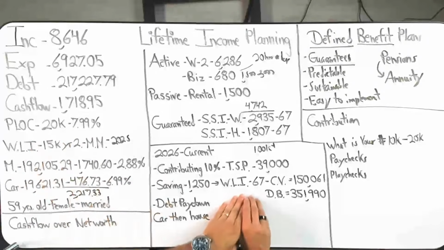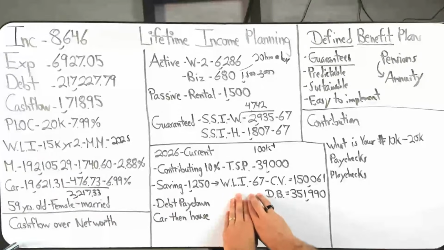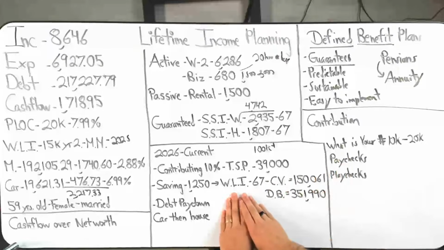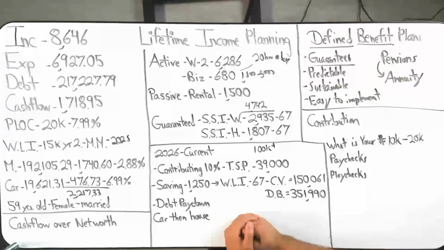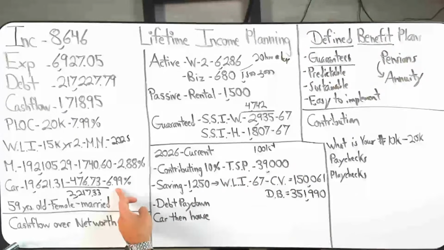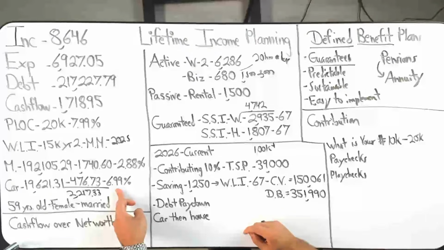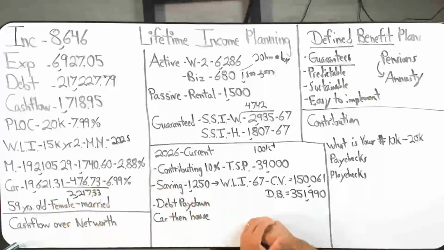So I said, hey, now that we have this whole life, we've already funded it once, we're about to fund it again. There's going to be more than 20,000 plus in cash value that we could borrow against at a lesser interest rate than 6.99, and we could accelerate the car note. That's one way.